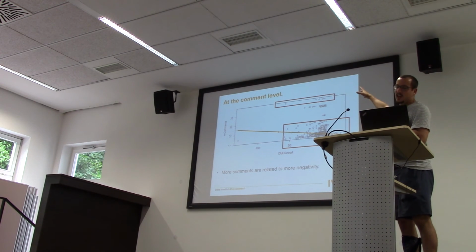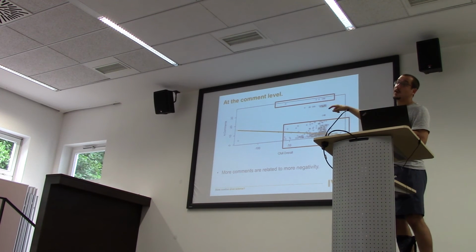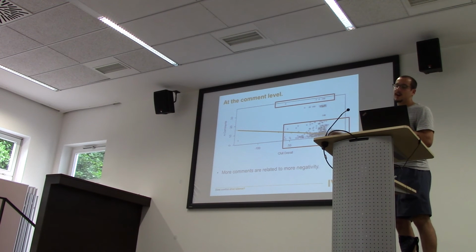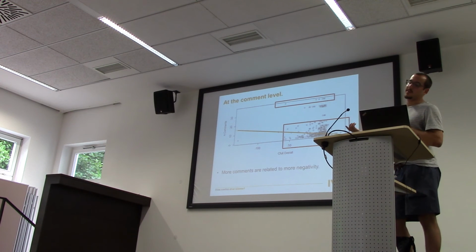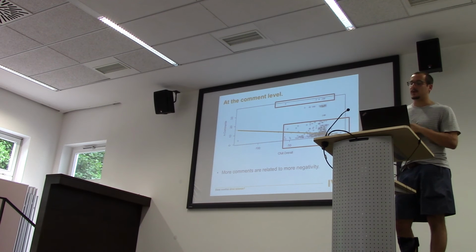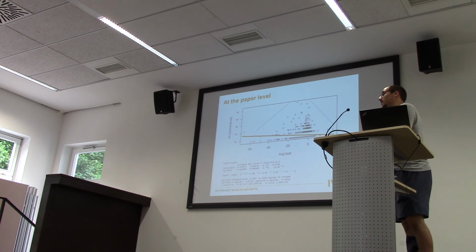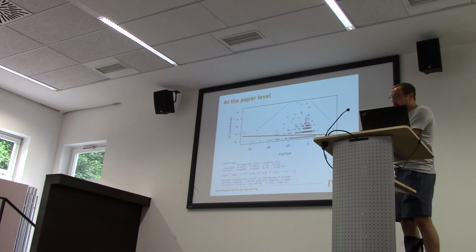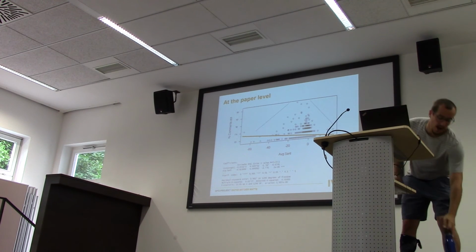So this is the sentiment of the comment and the number of comments. The more comments the paper has, the more negative the sentiment of those comments is. So more comments are related to more negativity, basically. So we somehow replicate, and we can also do this at the paper level, but this is like a statistical problem. Now what we've done is taken the average sentiment of the comments, and I'm just doing this to show you the wrong way to do it.